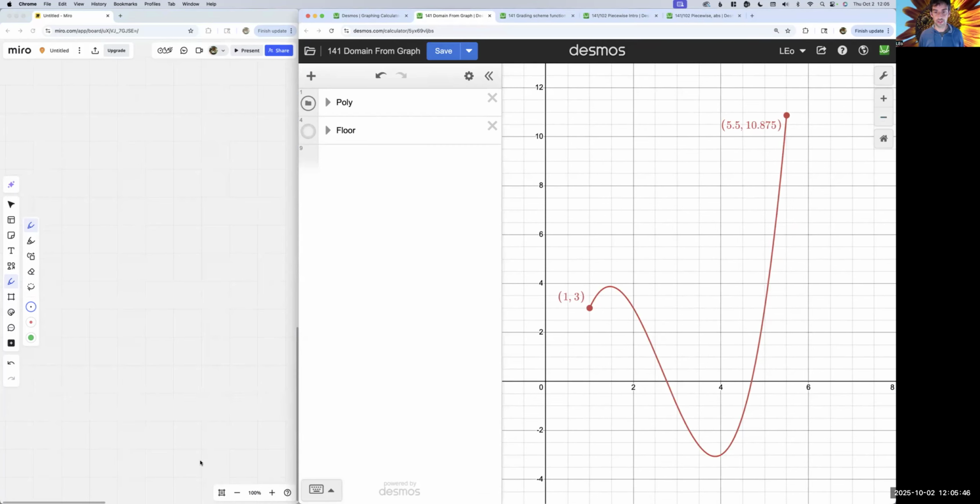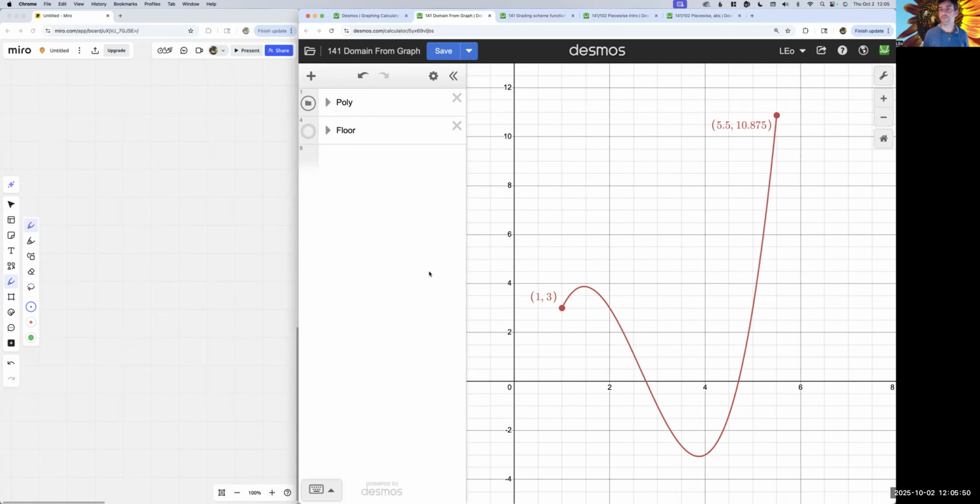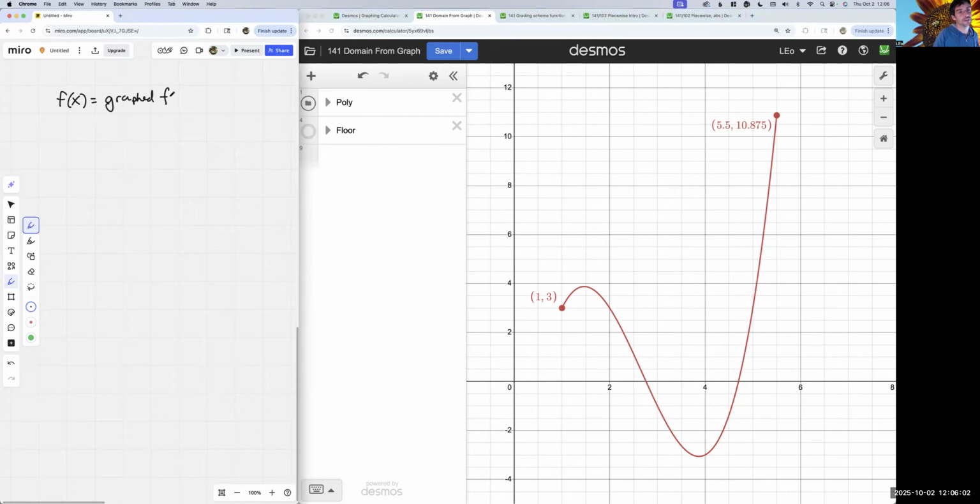There's a function. We want to figure out the domain of this graph. All right, I'll just write it as f of x, the graphed function. Okay.